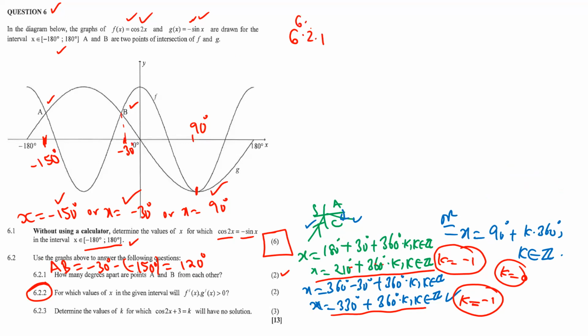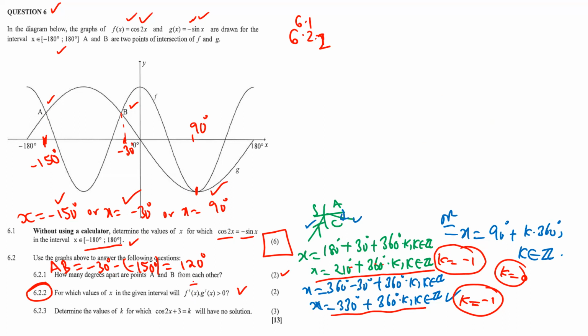6.2.2. For which values of x in the interval will f prime times g prime be strictly greater than 0 for 2 marks? So this has to do with positive slopes.